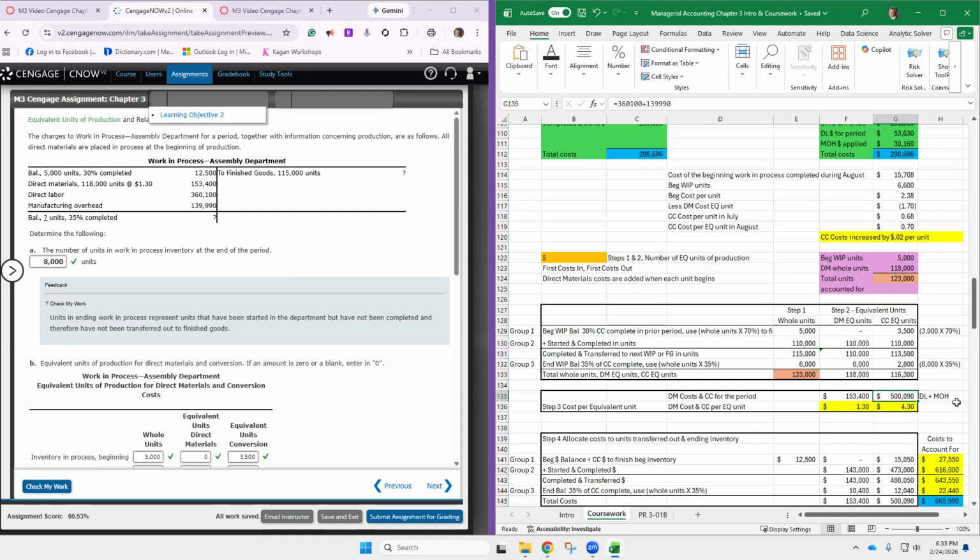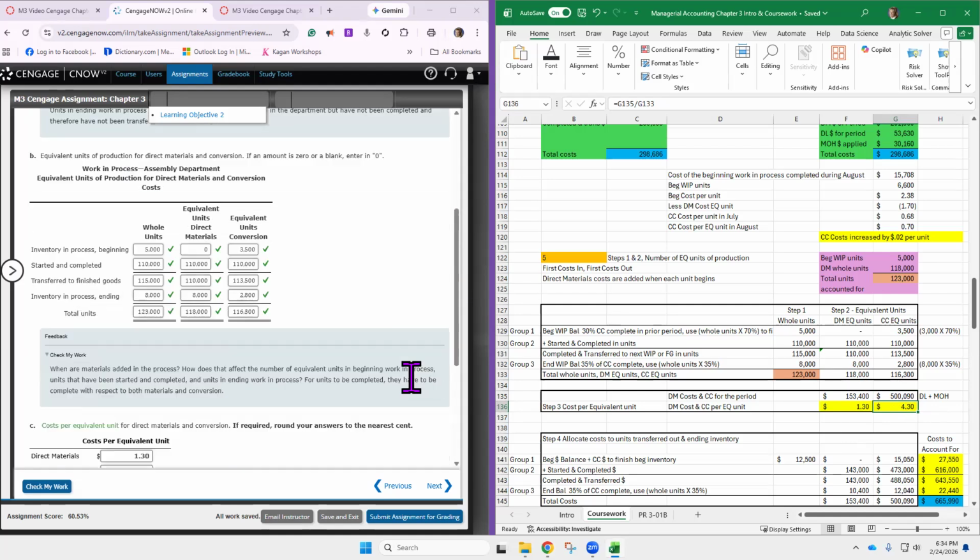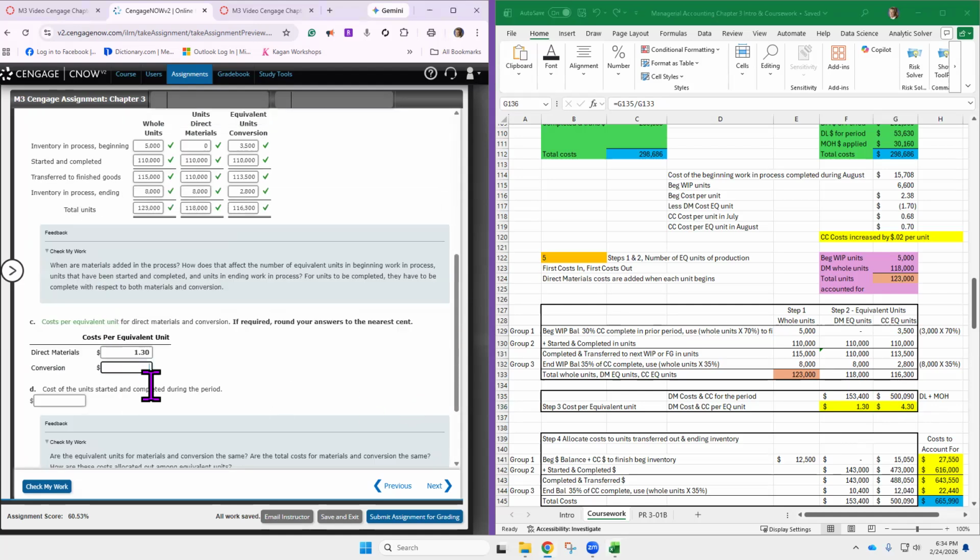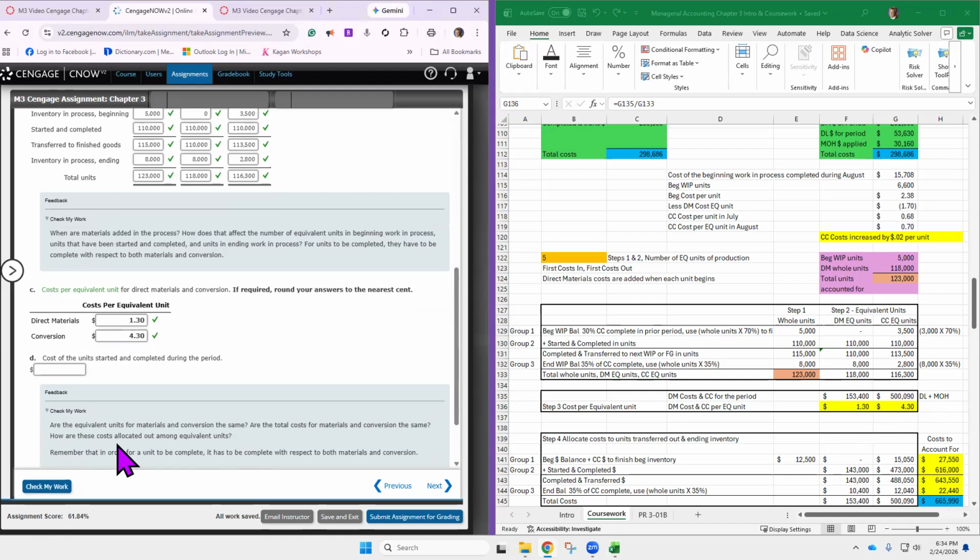See, I put DL and MOH. And then that total is going to be divided by the equivalent units so that we have conversion costs per unit of $4.30. So one was $1.30 and the other is $4.30.